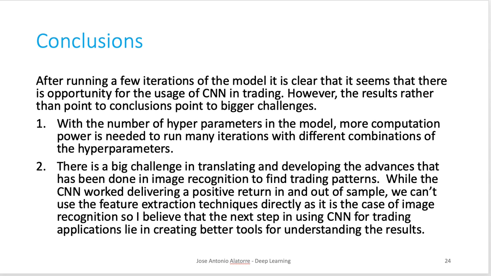And for me, the biggest challenge here is really translating all the developments and advances that have been made in image recognition to find trading patterns, particularly in the sense of feature extraction and trying to give an answer or a meaning of what the filters mean.